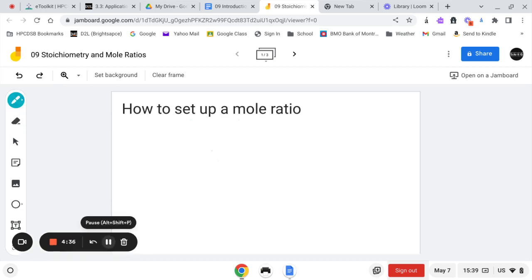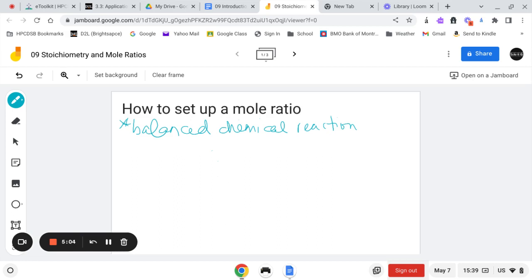So the first thing that you need to have is a balanced chemical reaction. And if you don't have that, you cannot do stoichiometry and you cannot set up a mole ratio. It's impossible, because we now know that the coefficients in our balanced reaction represent mole values. So it's very important that we have those present.